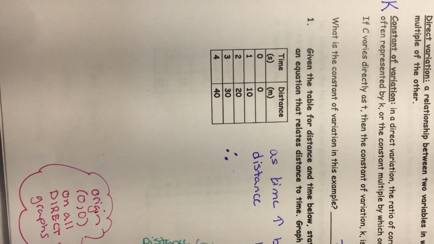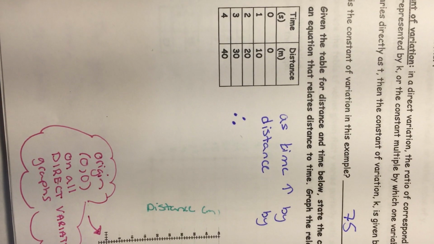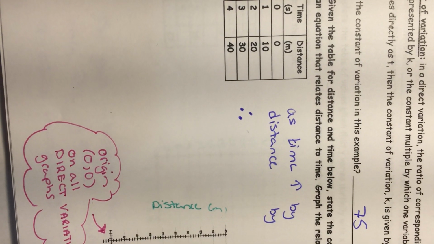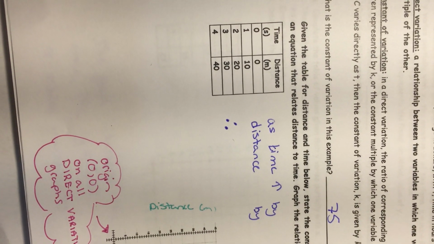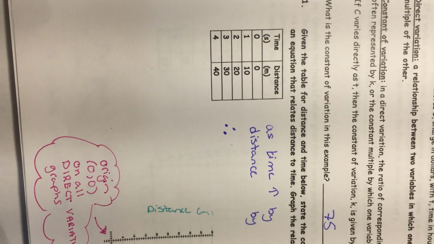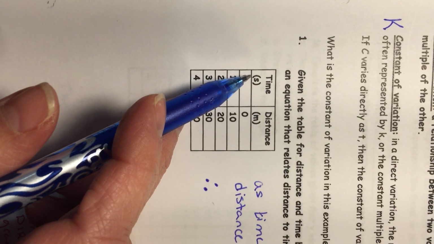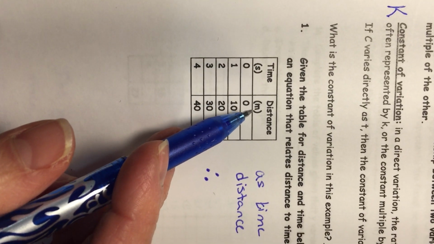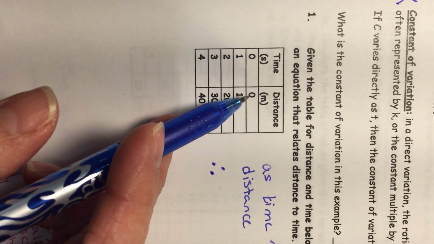So in the first example here, given the table for distance and time, this is a different question. Given the table for distance and time below, state the constant of variation as well as an equation that relates the distance to time, and you're supposed to graph the relation. So here we have time in S, seconds, and distance in meters, and you can see that at time 0 there's no distance.